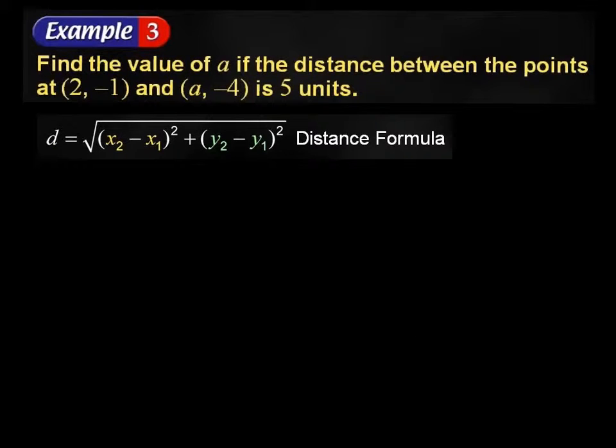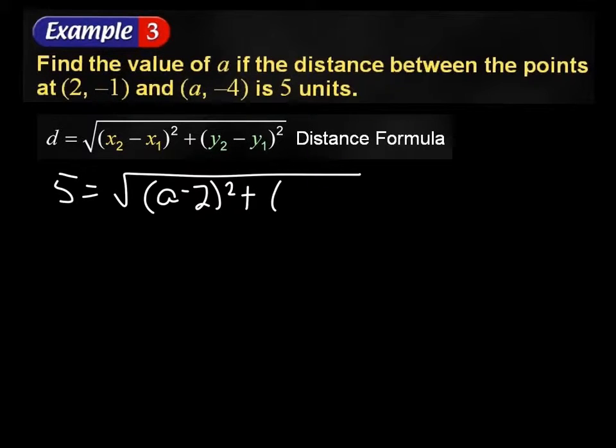Now we're going to use a little algebra to find the value of a if the distance between the points is 5. So this time I know d in my formula. The difference in my x's, I'm not sure of, so I'm going to go a minus 2 squared plus the difference in the y's, it's no problem.